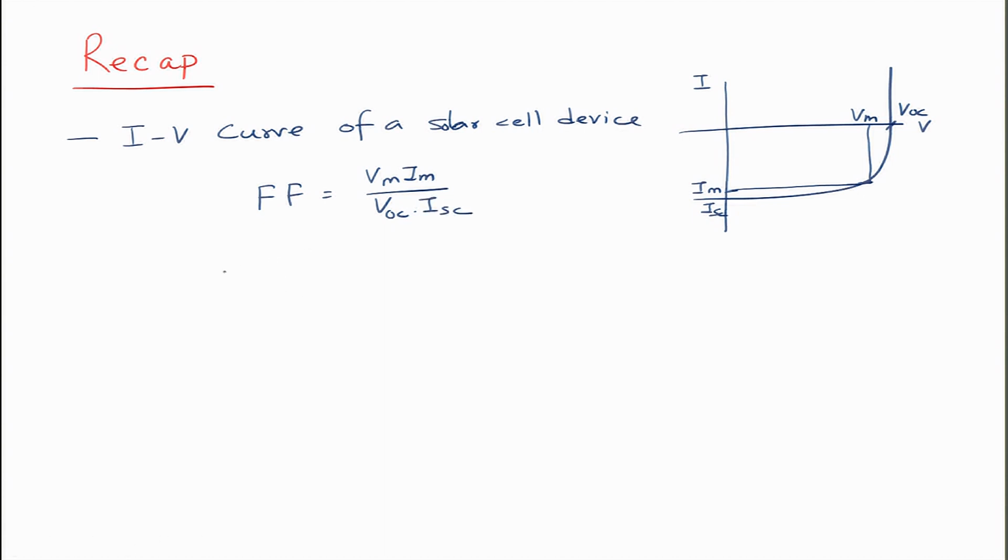Another parameter of importance is VOC, and VOC is nothing but kT by q into ln of ISC divided by I naught, plus 1.